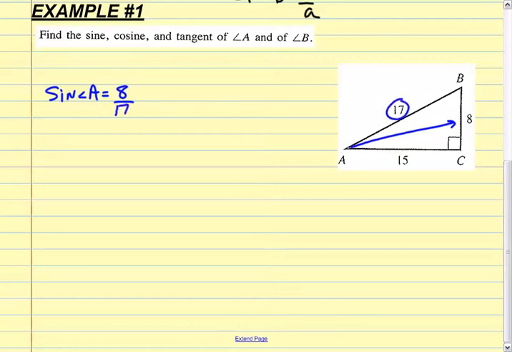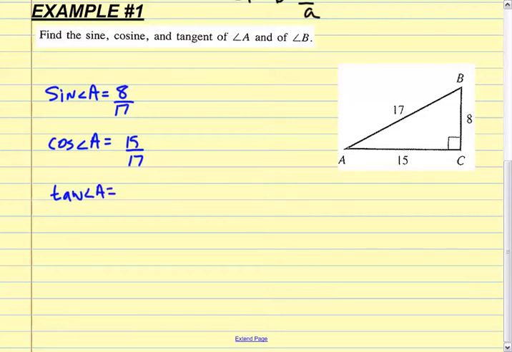The cosine of angle A is equal to the adjacent, 15 over 17. And the tangent of angle A is equal to opposite over adjacent, 8 over 15.